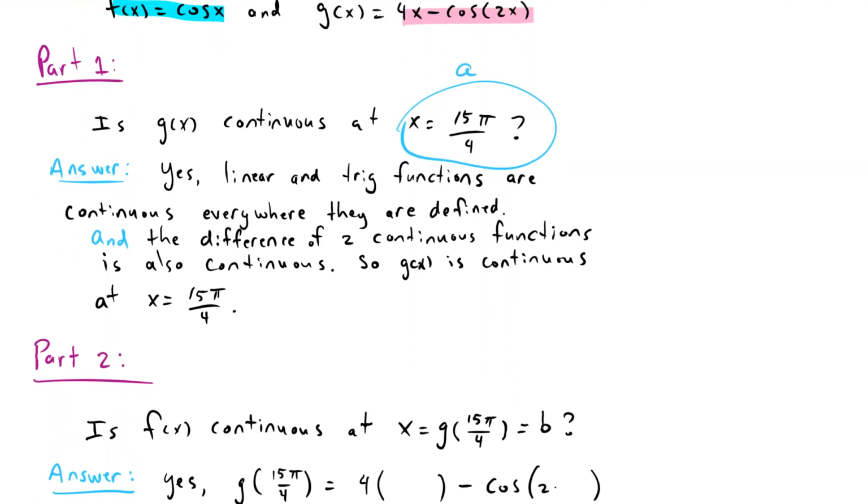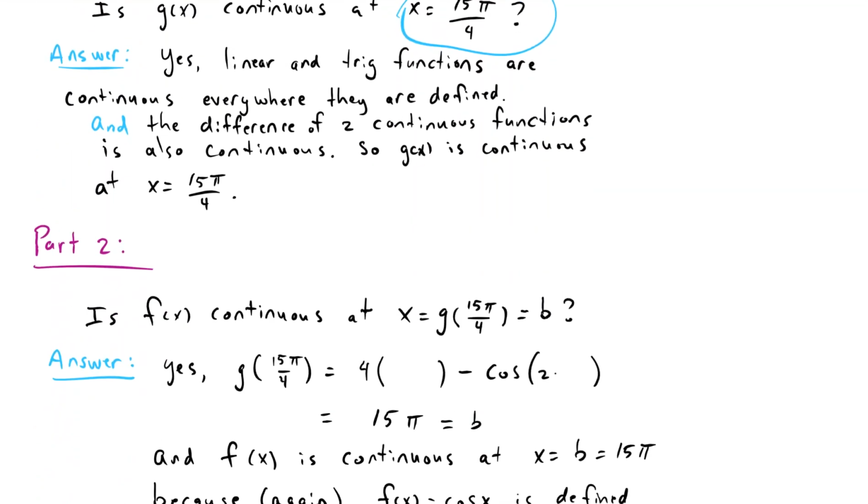So then what comes out of g once we plug in 15 pi over 4? That's something we need to know, because that we're going to call b. And then we're going to ask, is f continuous at this value, b? So let's first look at what g of 15 pi over 4 is. Let's plug in 15 pi over 4.